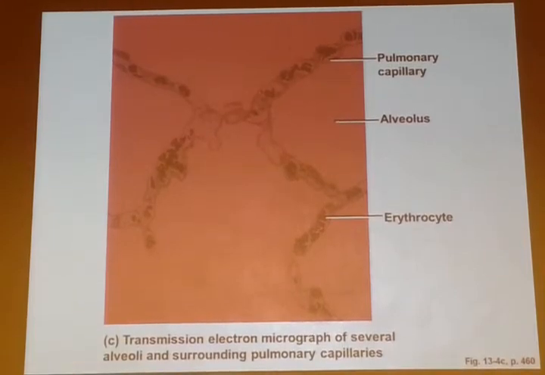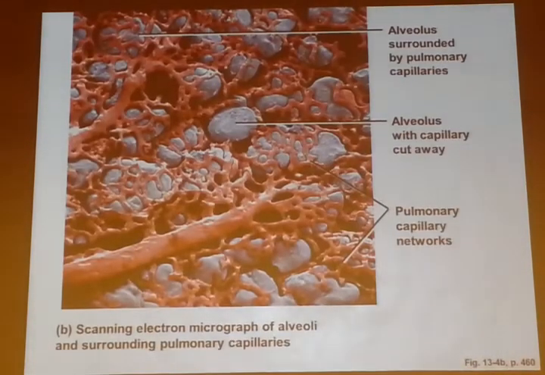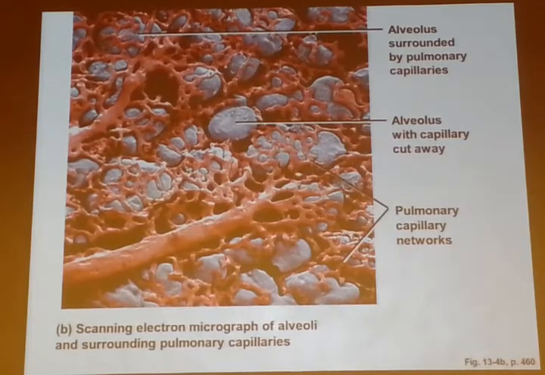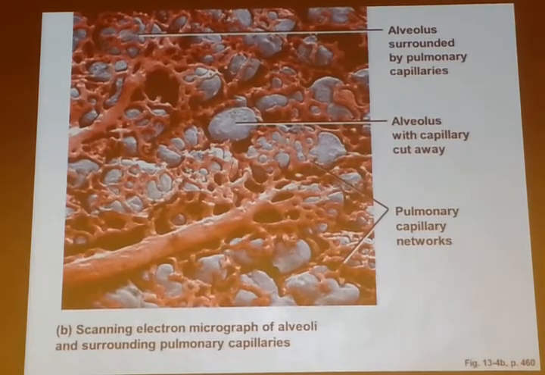You come back to this picture here, oops, wrong direction. We're going to have precapillary sphincters here, not to open up or close down capillary beds, but to alter the transit time of red blood cells through those capillaries.